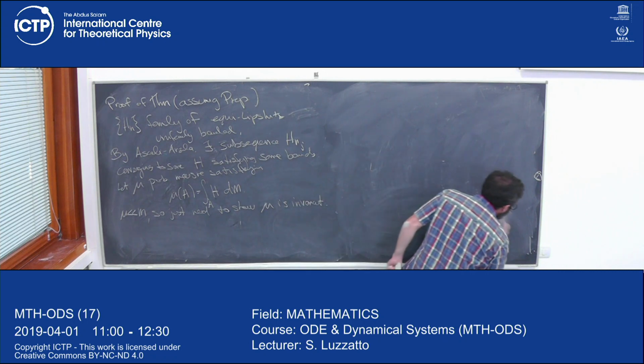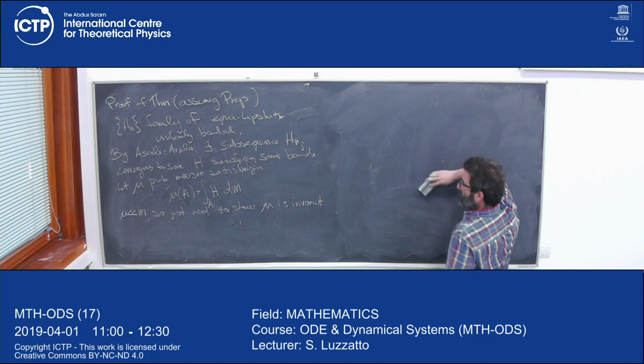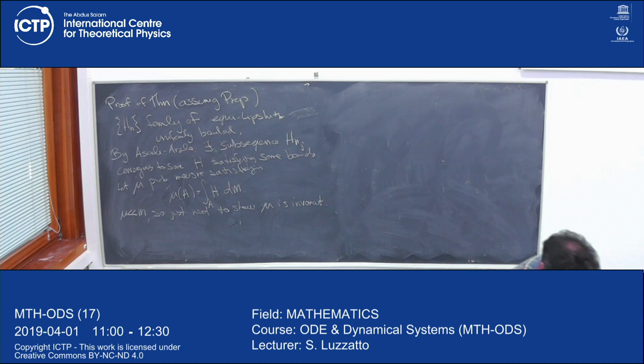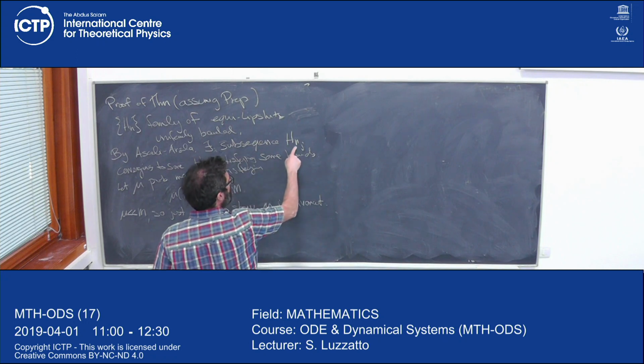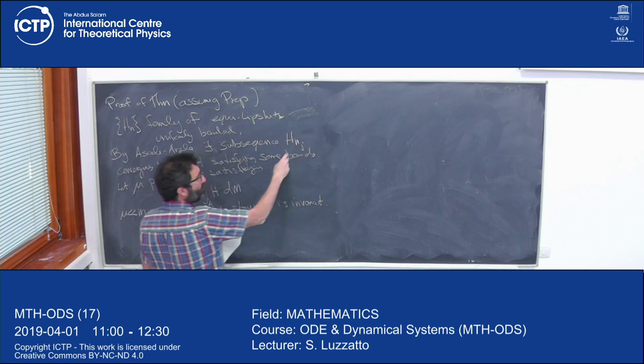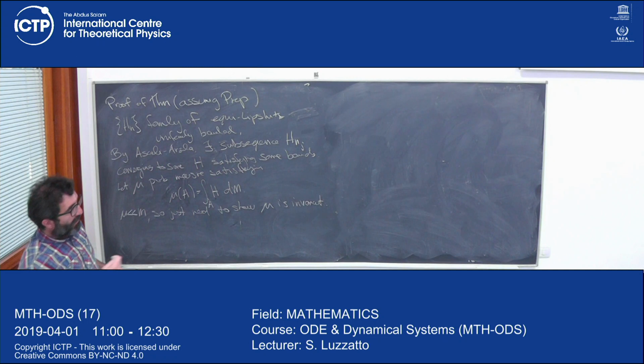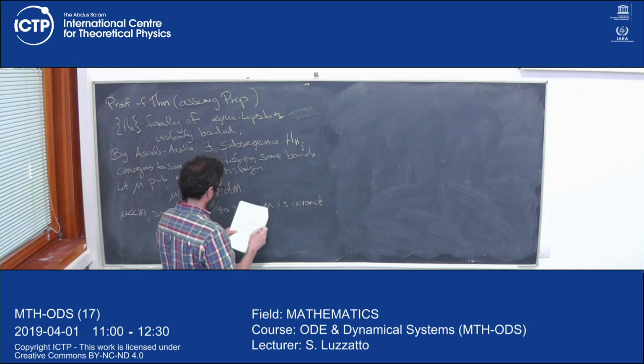In fact, the first step shows a slightly stronger form of convergence of the corresponding sequence. Of course, this sequence corresponds to some mu nj, so there is a sequence associated to this.